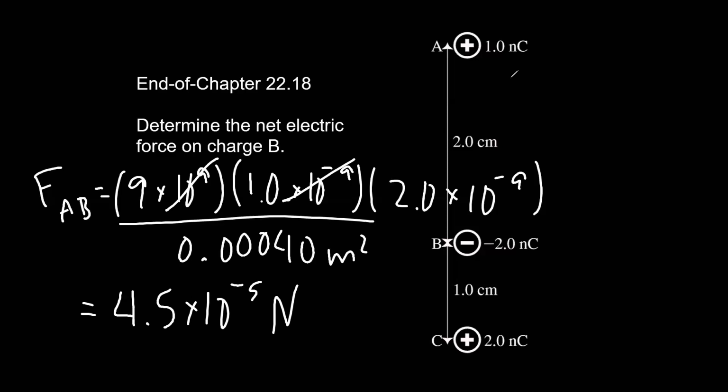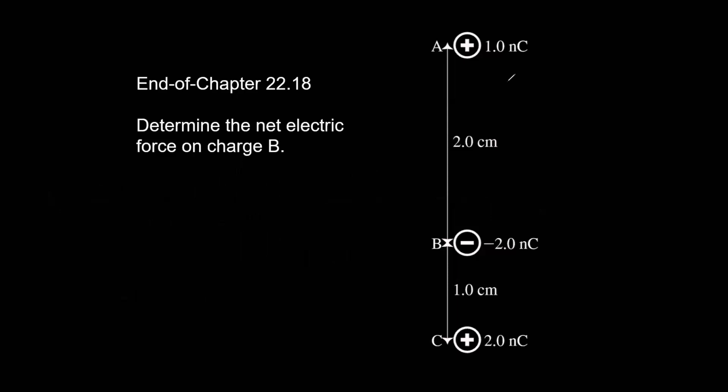And we can do the same thing with the second charge combination, B and C. Same 9 times 10 to the 9 for the constant. Oh, I should have written units out in front.